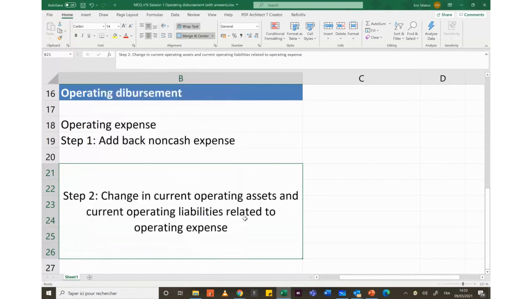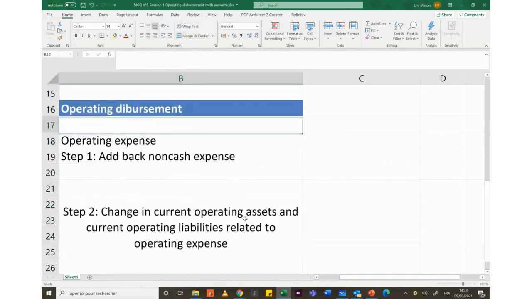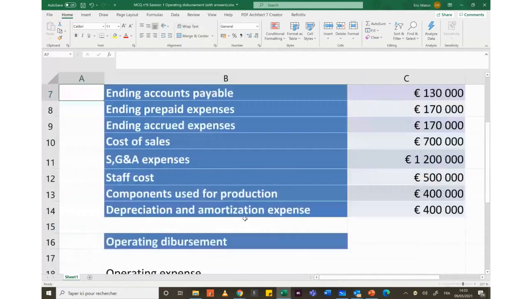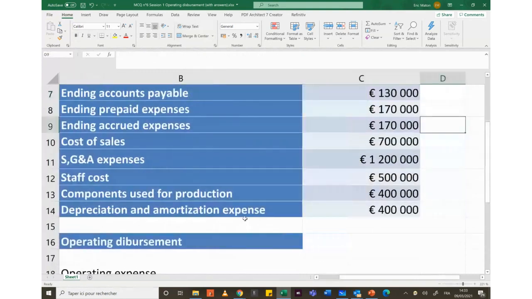So first we need the operating expense. The operating expense we have by function and by nature. Under Vietnamese GAAP, in your P&L, you have to put operating expenses by function. Under IFRS or US GAAP, you can put by nature or by function in the P&L.